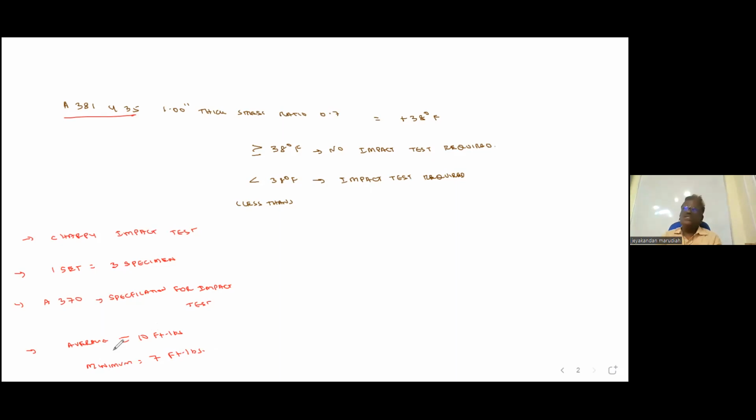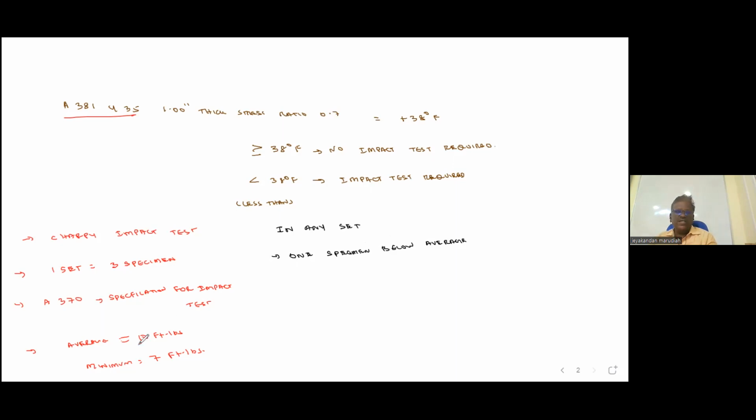But there is a small concession. What is the concession in the set? In any set, one specimen can be below average. Suppose one is below average.